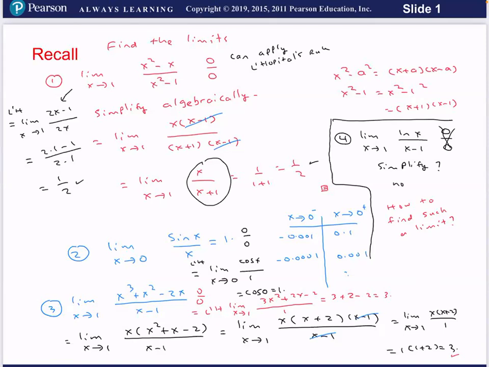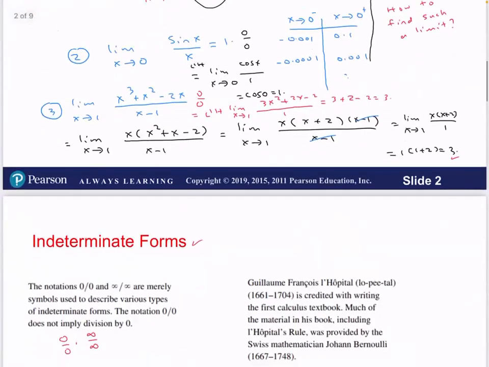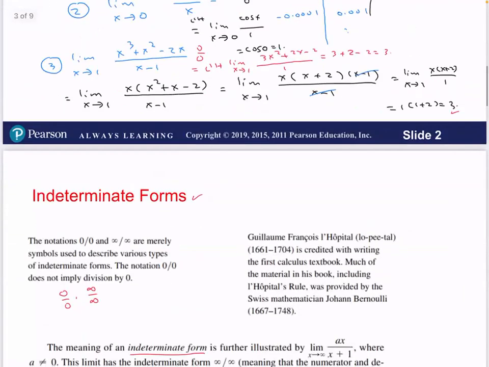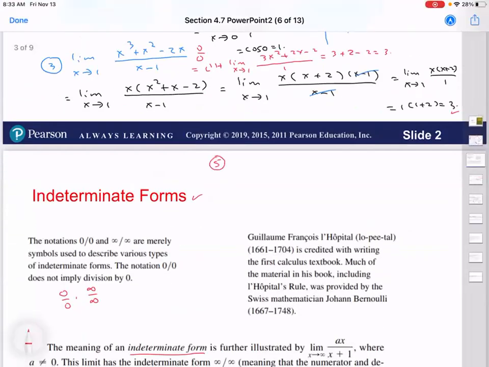All right. So I give you two examples here. Let's call this example 3, 4, 5. Let's say find the limit of x squared plus x minus 6 divided by x minus 2. Can anybody tell me whether we can use L'Hopital's rule here or not?